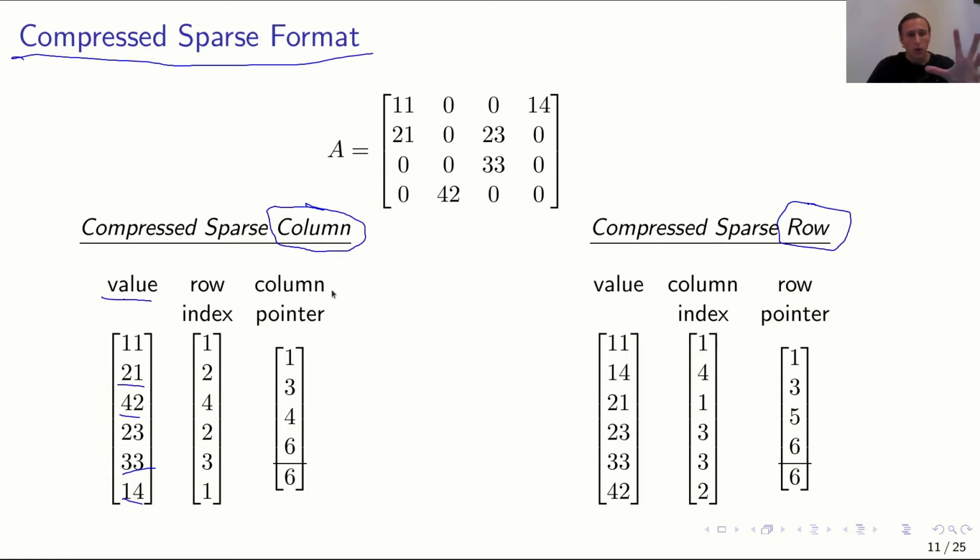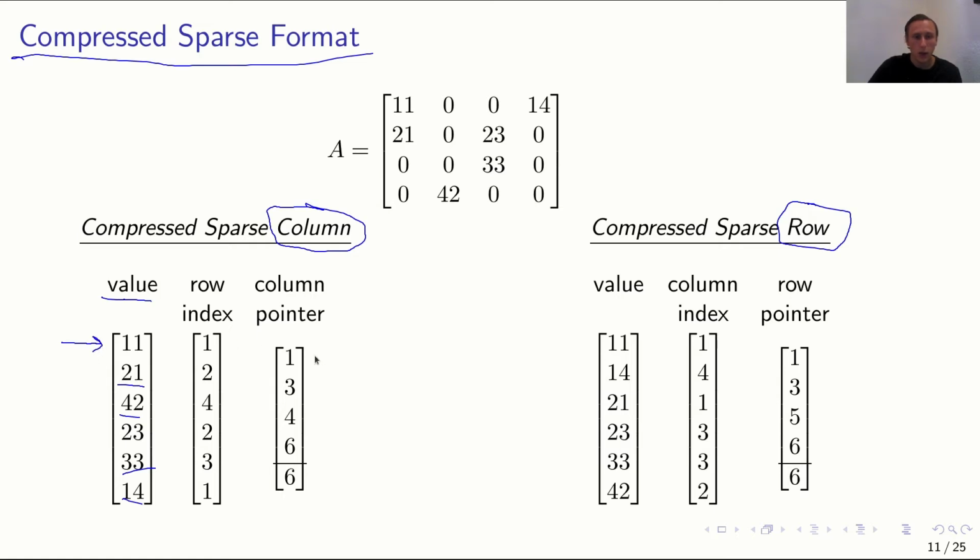Since we have stored our value array per column, basically concatenating all the columns below one another, we know that none of the columns will be mixed up. So we can indicate exactly where each column is going to start. For example, our first column in the value array is going to start with the first element.